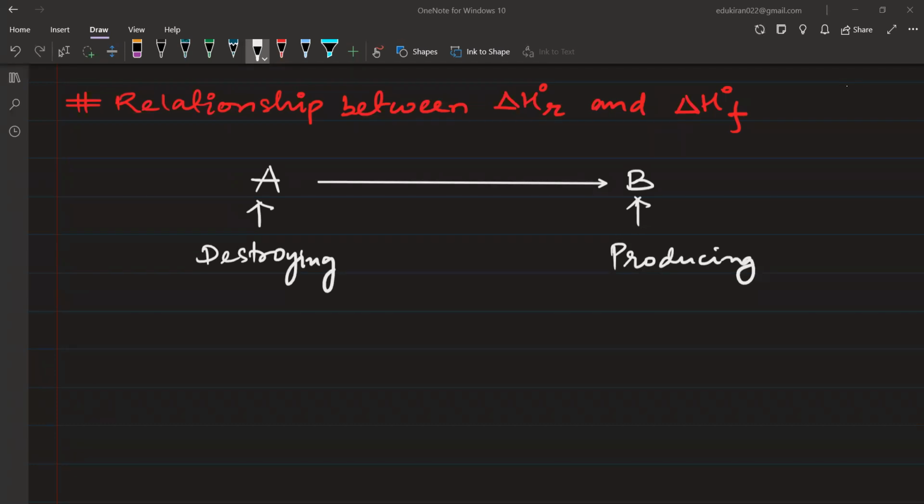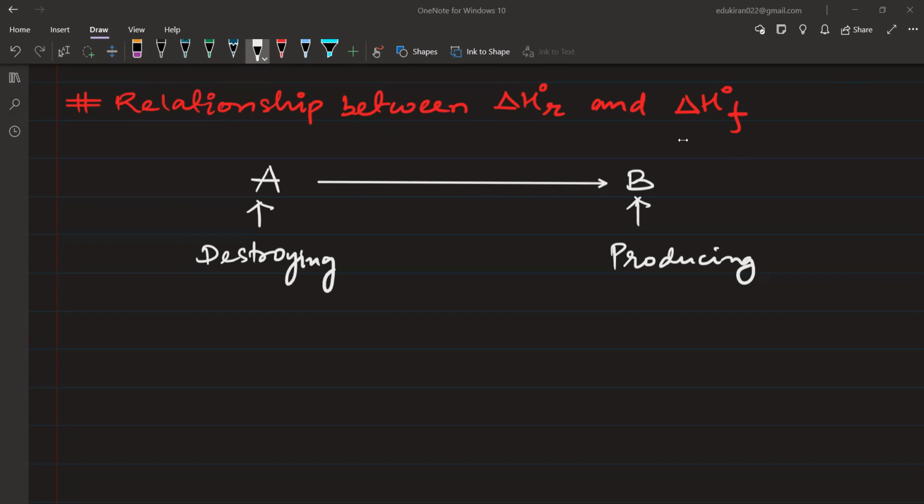That means A has been destroyed. Yes or no? Are you guys with me? Yes, sir. है ना, A has been destroyed and B has been produced, because initially B was not there, now B is there. So in this reaction, we can say that a different perspective of looking at this reaction will be, we are destroying A and we are producing B.